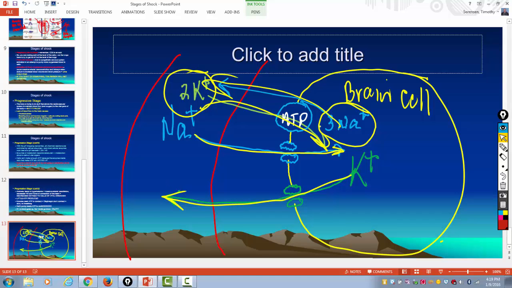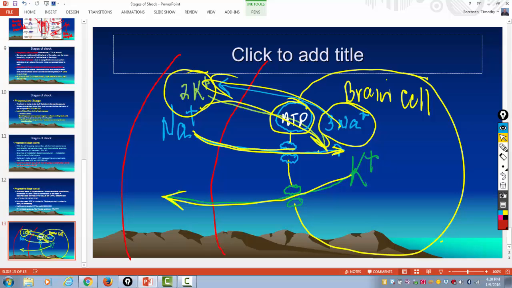Because you're going against the concentration gradient, that requires ATP. Well, if you don't have oxygen, your enzymes of metabolism are jacked up because your pH is dropping, you're not going to be able to make ATP. So the sodium-potassium pump in your brain cells is going to stop.